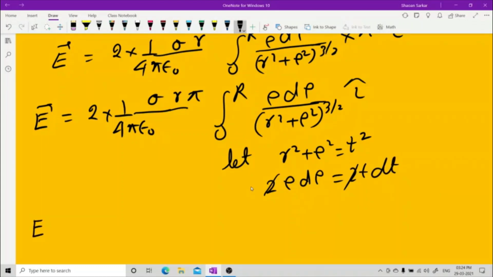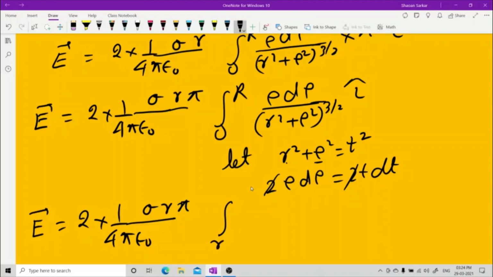So E vector will be equal to 2 into 1 by 4 pi epsilon naught sigma r pi upon, now at rho 0, this will be r, and at rho equal to R, it will be under root of r square plus R square.